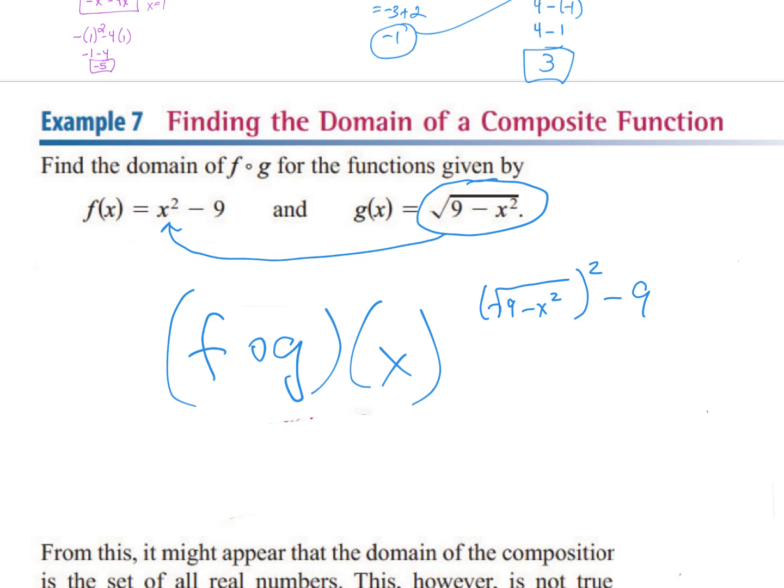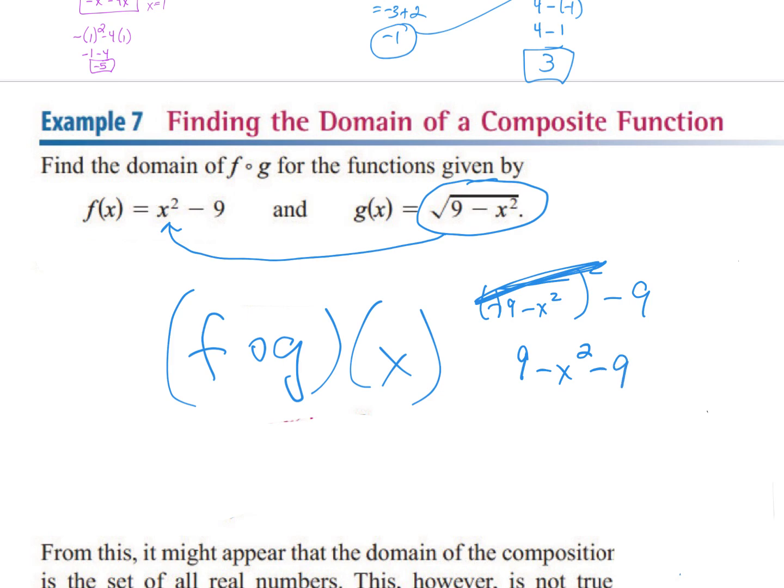Take your time. You take that whole thing and plug it into the x value. So you have the square root of 9 minus x squared, and you square that. What happens when you square a square root? It cancels out. So then you have 9 minus x squared minus 9.